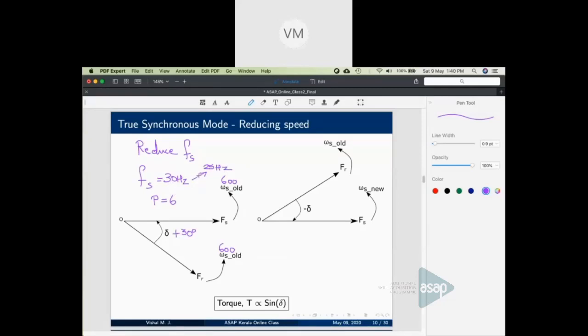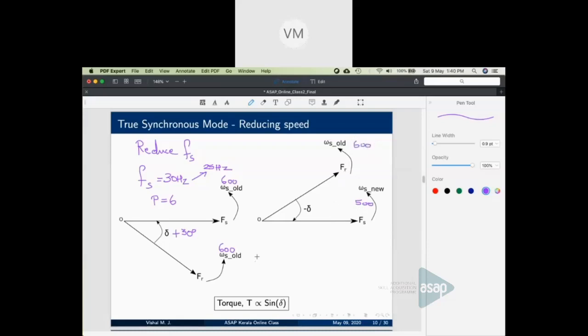What is the implication? The speed of the stator will now become just 500 rpm, and this happens immediately due to the same reason I explained in the previous slide. It is in the electrical domain, and hence the electrical time constant is of the order of a few microseconds. Whereas this one will continue to rotate at 600 rpm. Why? That is in the mechanical domain.